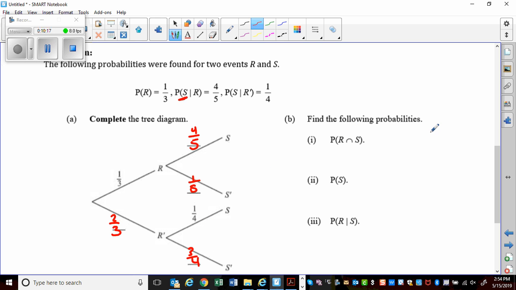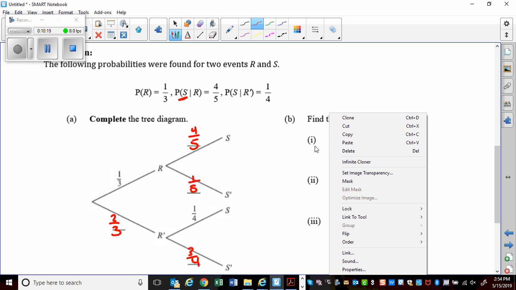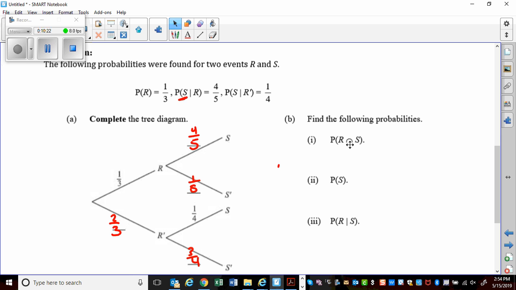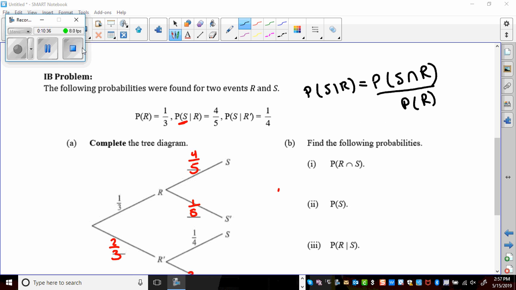Find the following probabilities. The probability of R intersecting S. I can use this formula right here. The probability of S given R, which I just wrote down from the page before, is the intersection over the probability of the second one, which is R. The intersection is the one we don't know, so we can solve for it by cross multiplying.